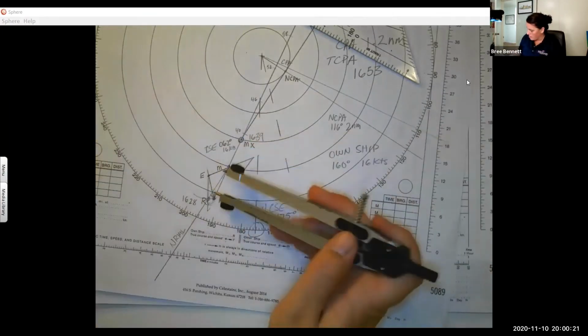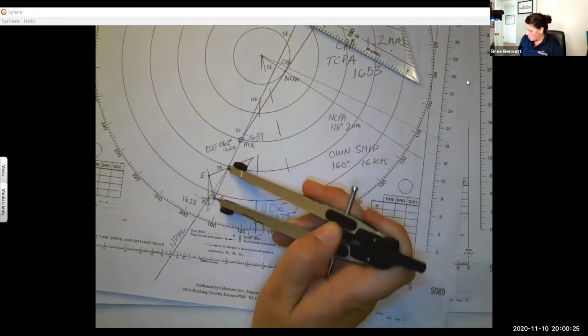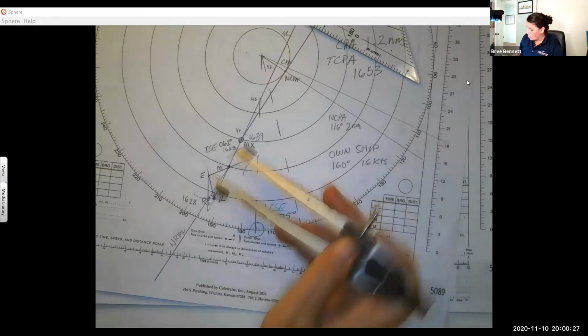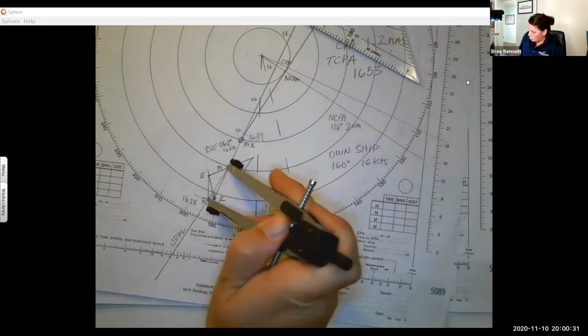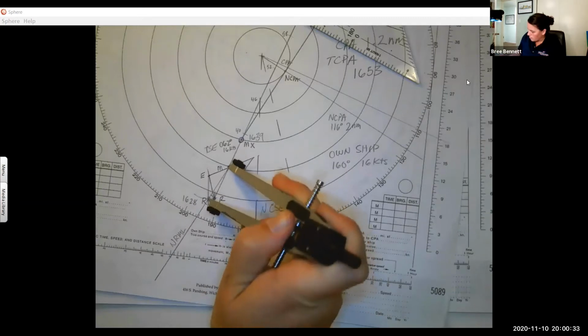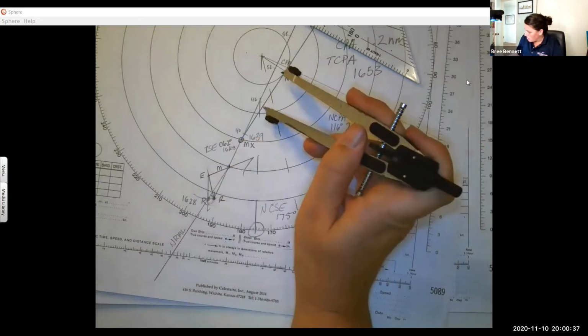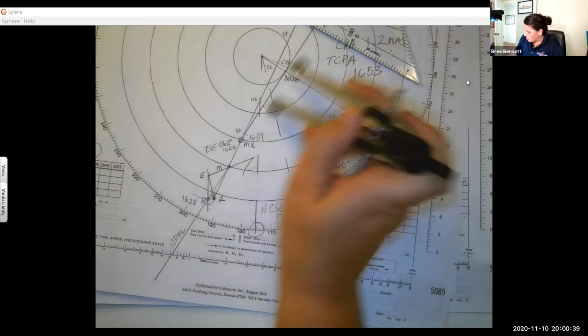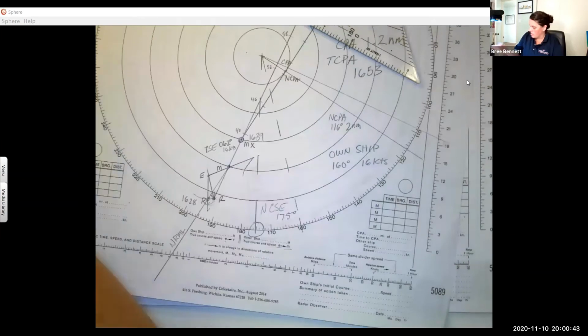Then I'll get my 6 minutes. My new relative motion line has my new 6-minute mark. So there, there, there.